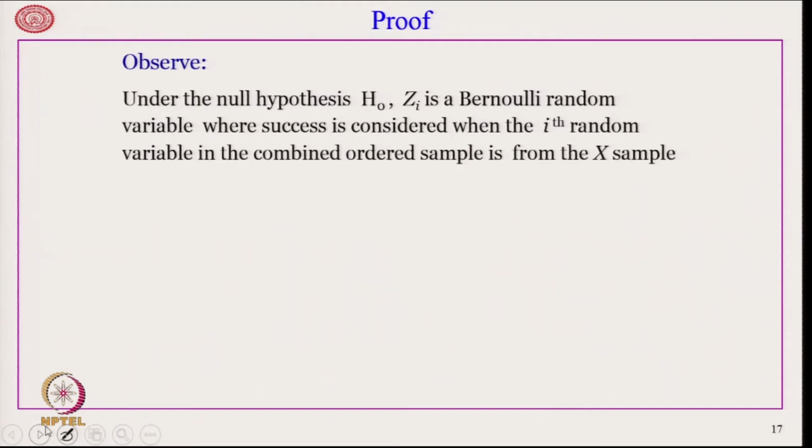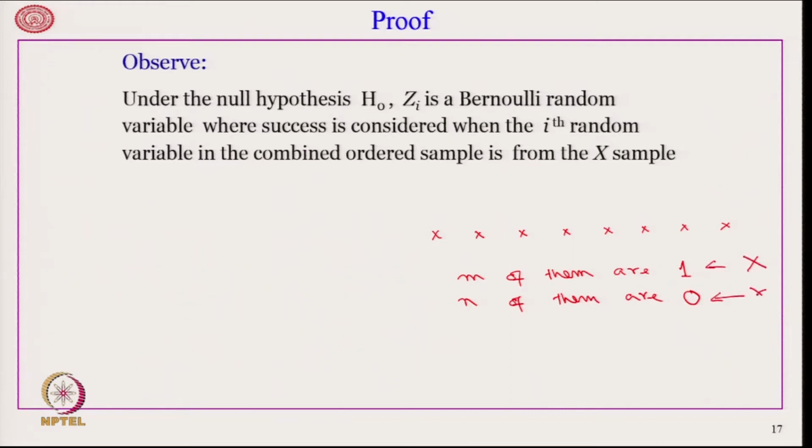I hope you understand it, but let us assume that these are the N ordered observations, out of which m of them are ones and n of them are 0, because these are coming from x and these are coming from y.